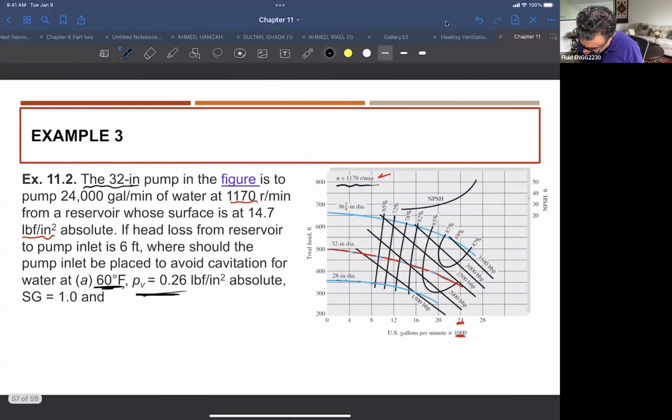You see here absolute, right? But even if it's not mentioned as absolute, you know that this is absolute, because 0.26 is a positive number, and we know that the vapor pressure is always lower than the atmospheric. Okay, and the specific gravity here is 1, which is basically water, right?